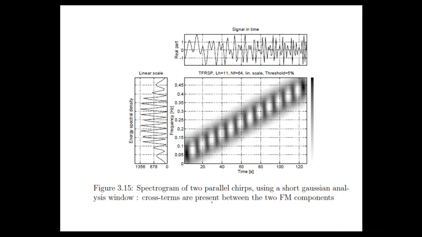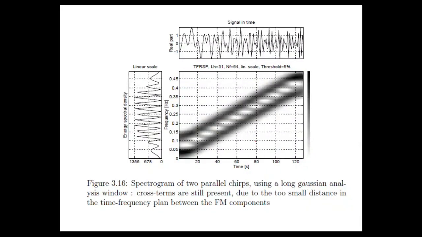Similarly, if you go for two parallel shocks, with a short Gaussian analysis window, there would be cross terms present between the two shocks. And if you use a long Gaussian window analysis, then see these cross terms, they are available in the time axis, so you are losing the resolution.